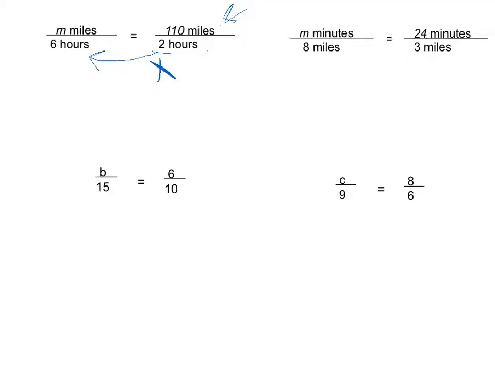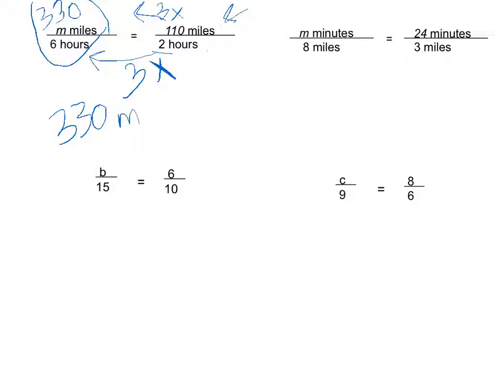That answer is you multiply by 3. Whatever I multiply to the bottom, I will multiply to the top. So 3 times 110 is 330. Please don't write it here in the fraction. What I'd prefer is that you write 330 miles by itself and circle it.